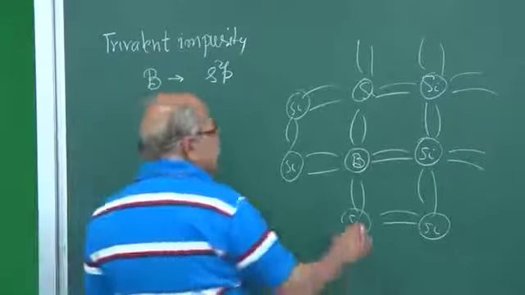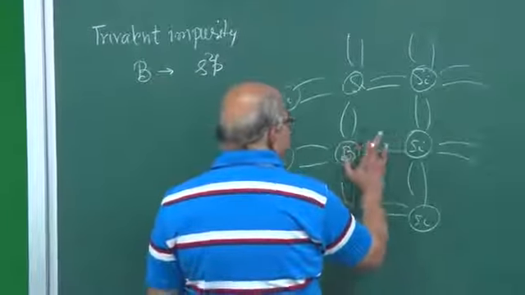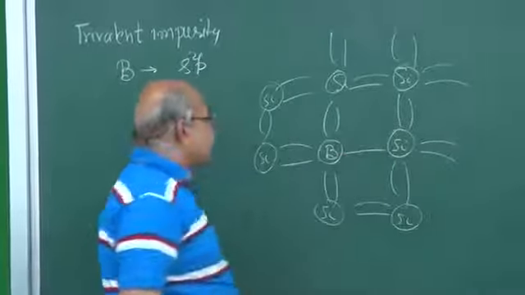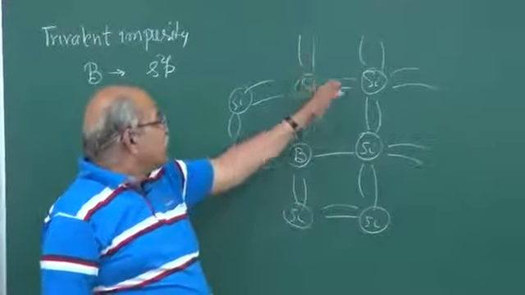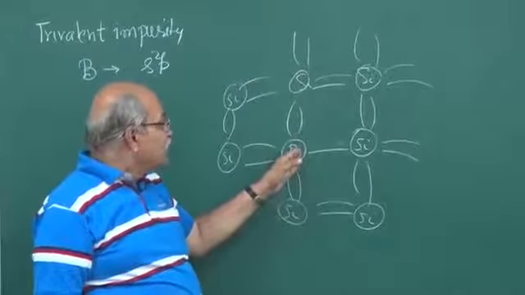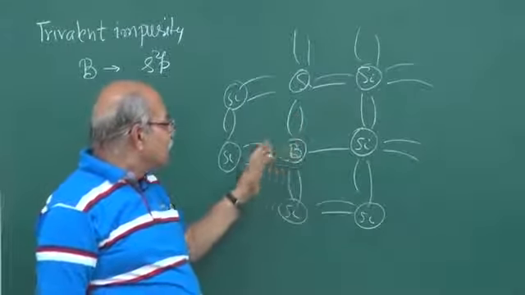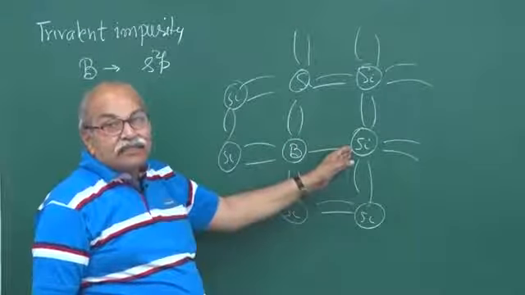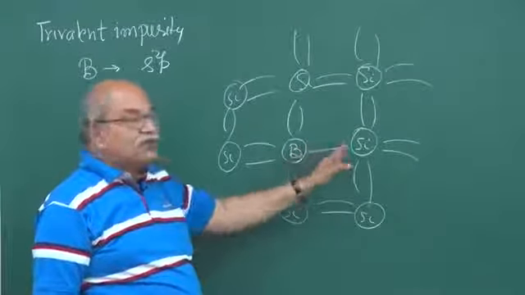That means in this structure you have one broken bond somewhere. This silicon is providing you 4 sp3 electrons, but this boron is providing only 3. So one goes here, one goes here, one goes here, and here the bond is not complete.